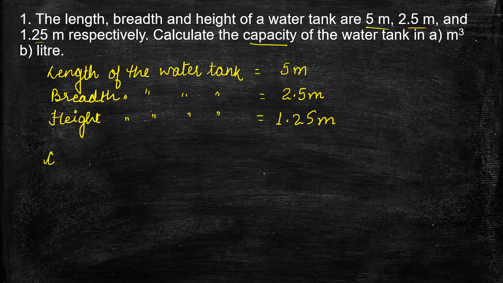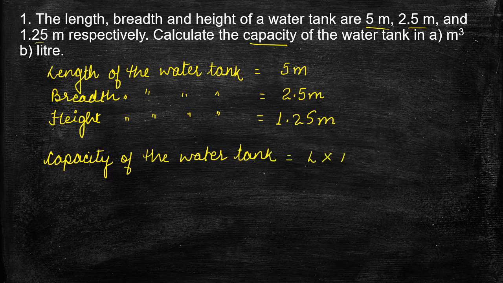So capacity of the water tank, it will be equals to length into breadth into height, because we know volume of a cuboid is length into breadth into height.